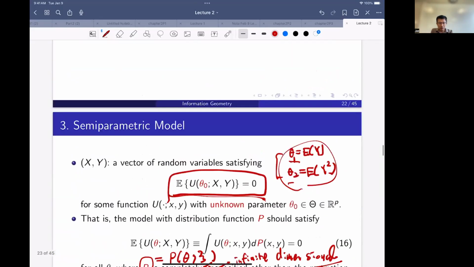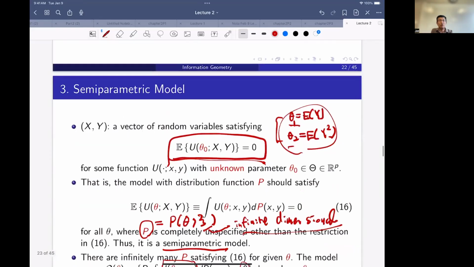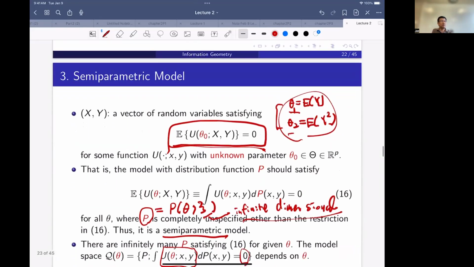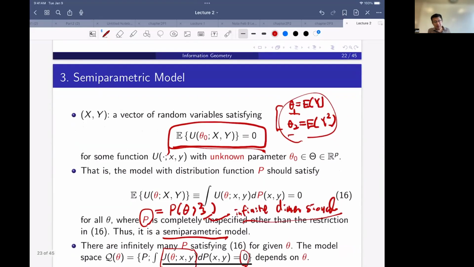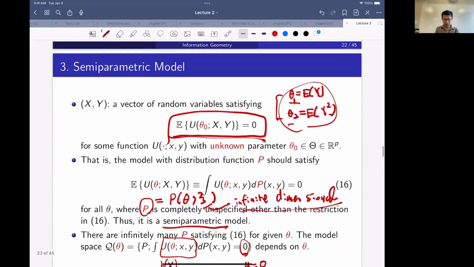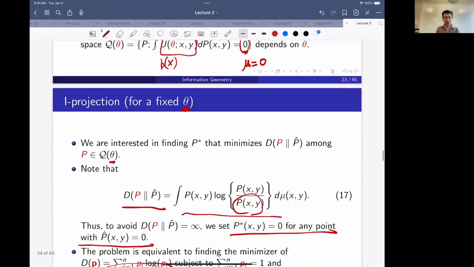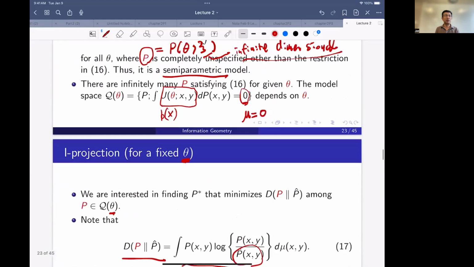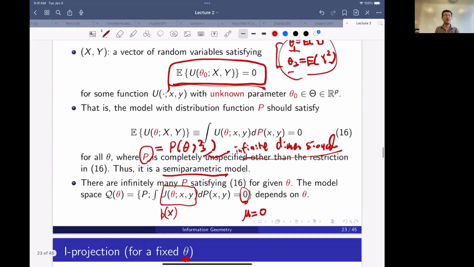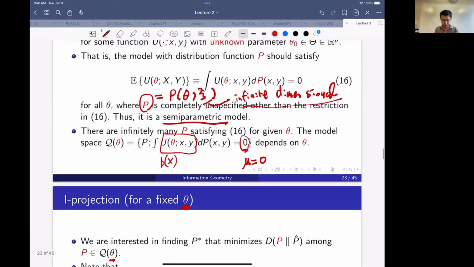So we want to make an assumption, but we don't want to make a strong assumption. So this is a reasonable set of assumptions that can be used. And I also have many research projects with this kind of problem in survey sampling and missing data and causal inference too.